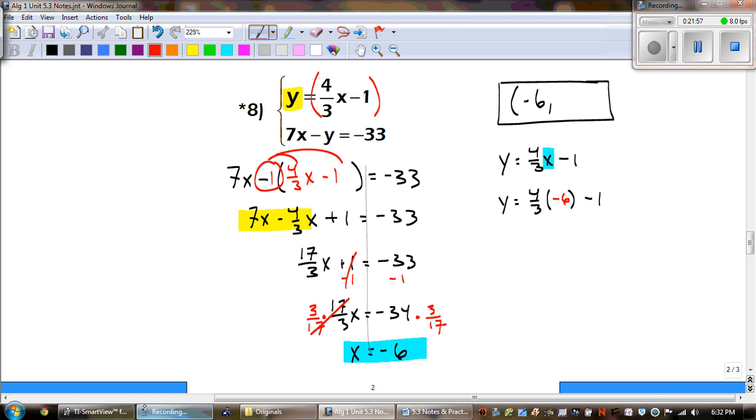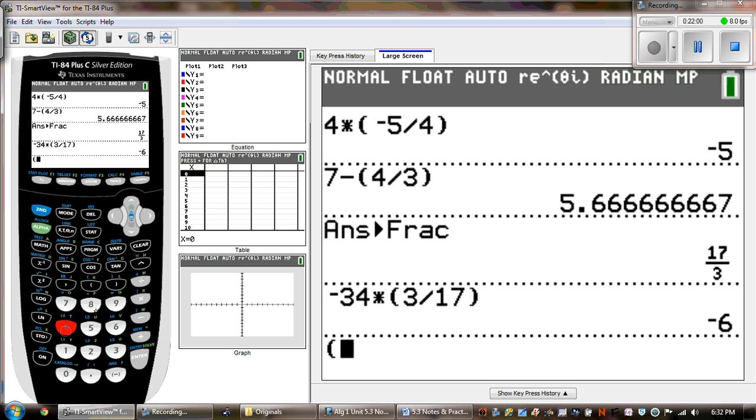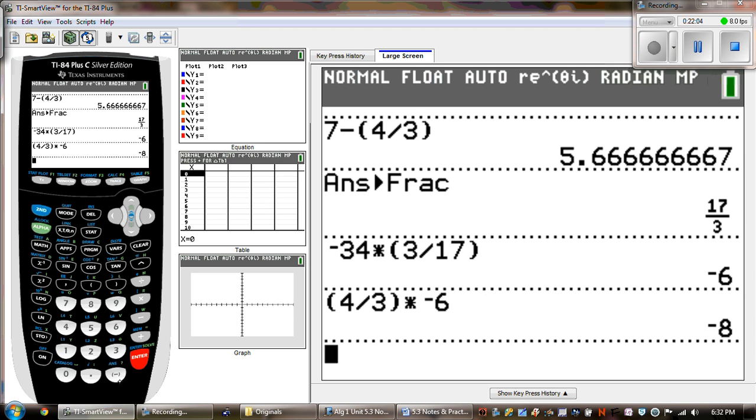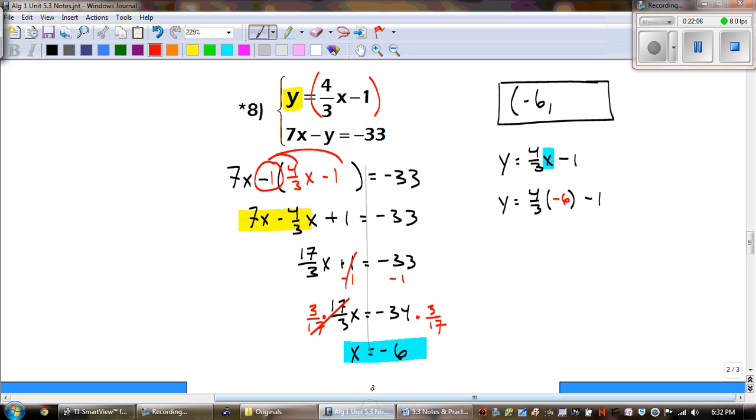And we just go through and solve. 4/3 times negative 6 is negative 8, and negative 8 minus 1 is negative 9. So our answer for that one is (-6, -9).